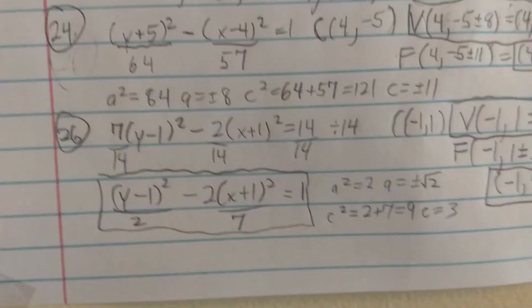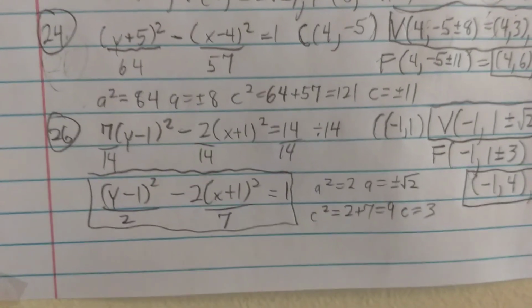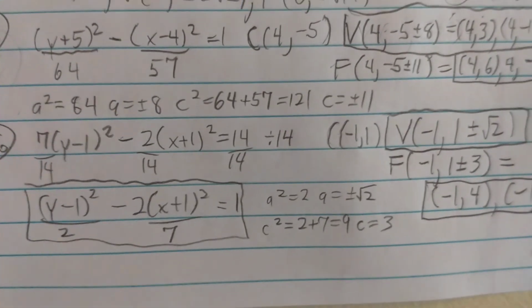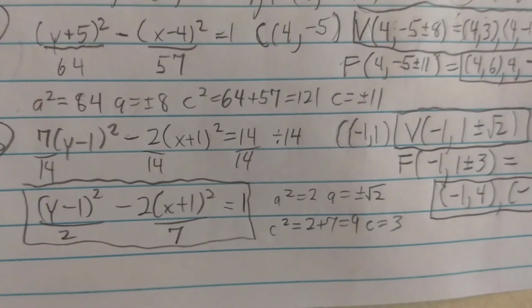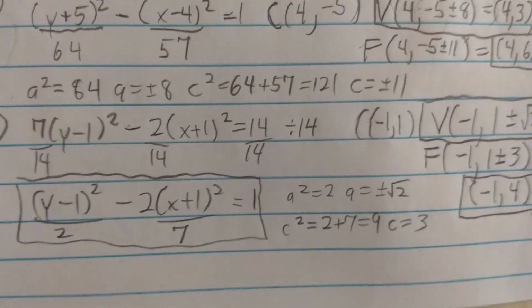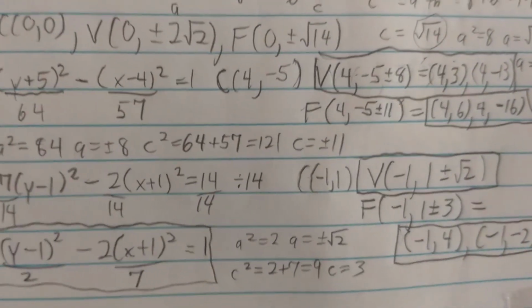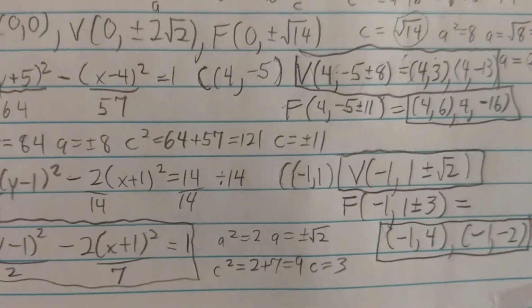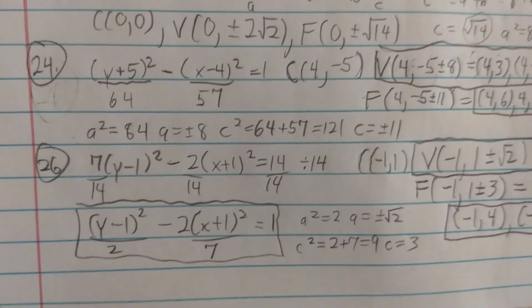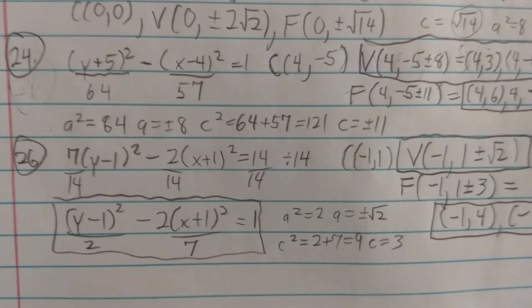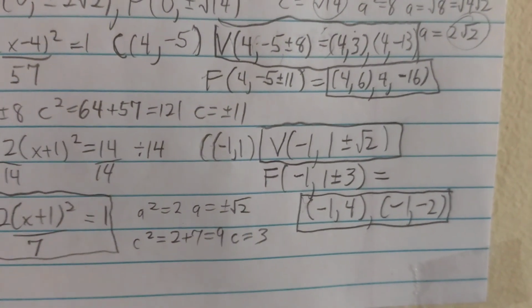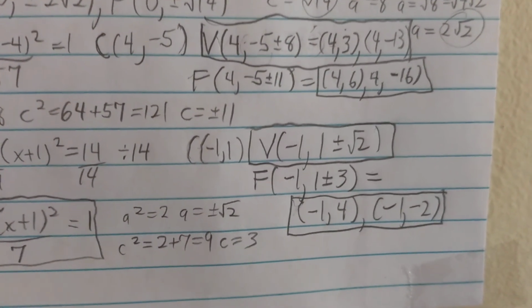Now for 24, we're given (y plus 5) squared over 64, so it's opening up, minus (x minus 4) squared over 57 equals 1. So that gives us a center of (4, -5). Now a squared is 64, that makes a 8. So to find the vertices, we'll take (4, -5) plus or minus 8.